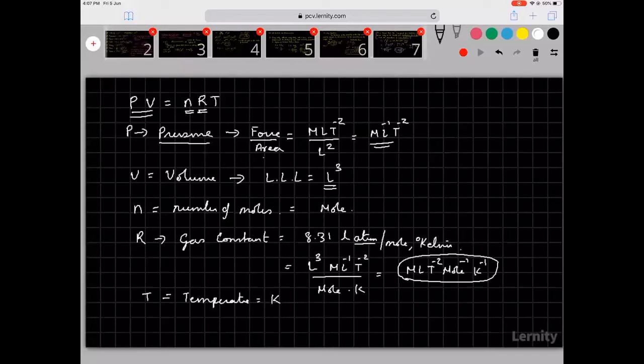Now the dimensions of P into V. Dimensions of P into V is M L power minus 1 T power minus 2 into L cubed. So that will make it M L squared T power minus 2. This is the dimension of the quantity on the left side.